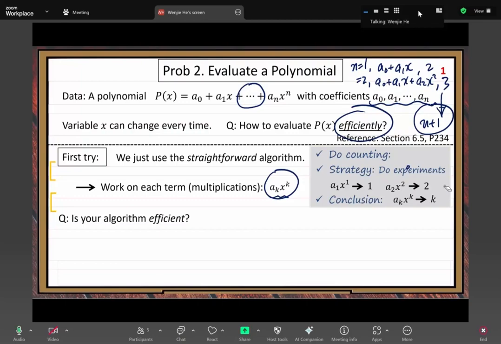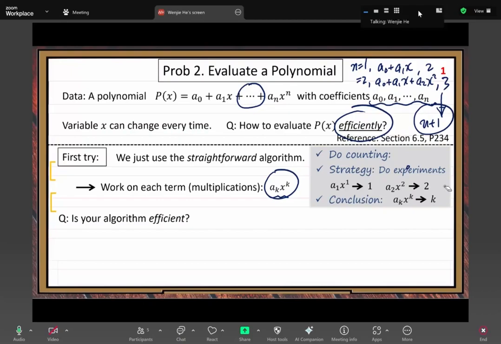At this point, we do not have enough information to answer this question. Why? Because we only know one way to calculate the polynomial.